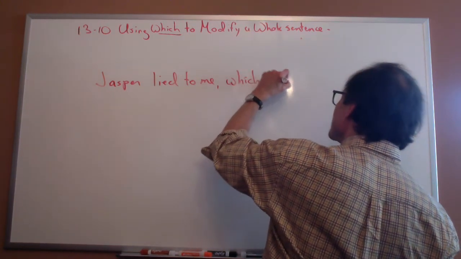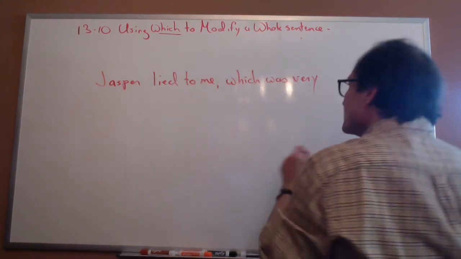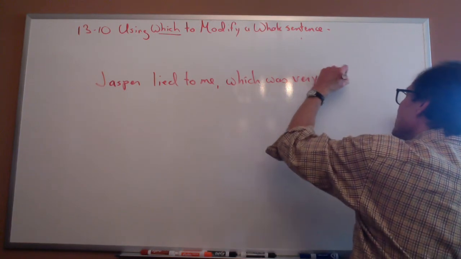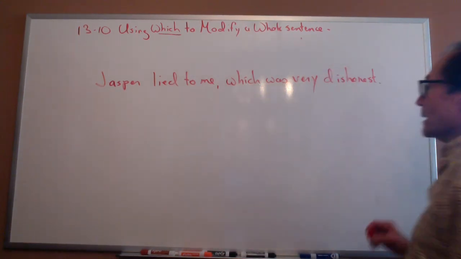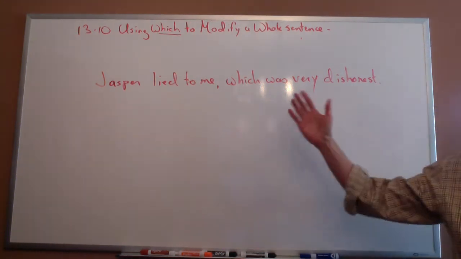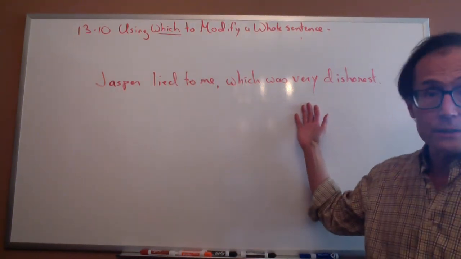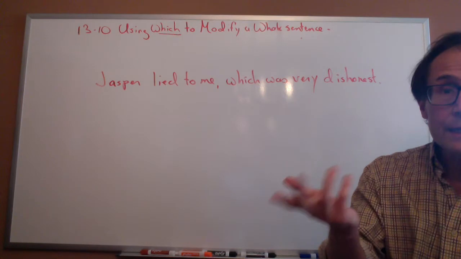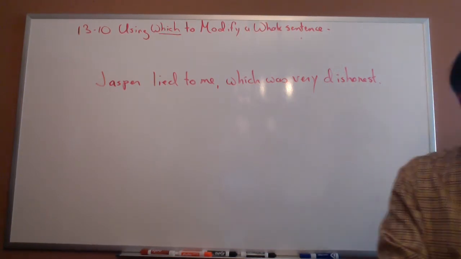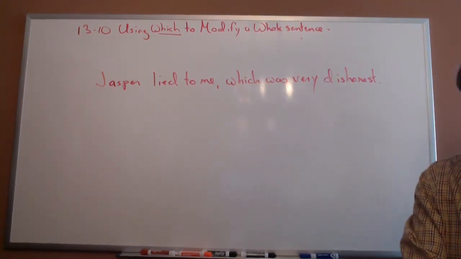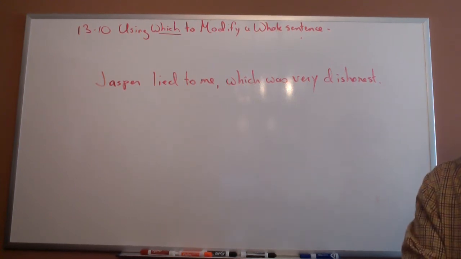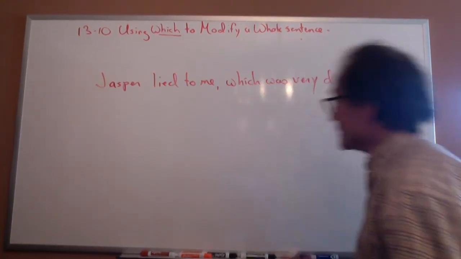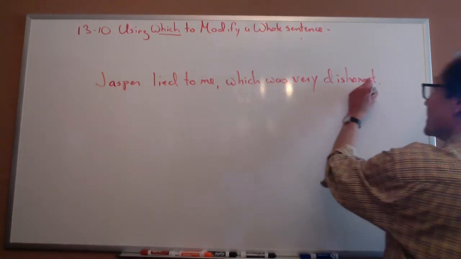Which was very dishonest. Okay, now let's take another look at this sentence. First, again, what is the adjective clause? You can pause the video if you need to think. Okay, yeah, the adjective clause is which was very dishonest.